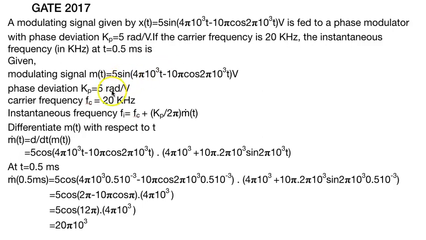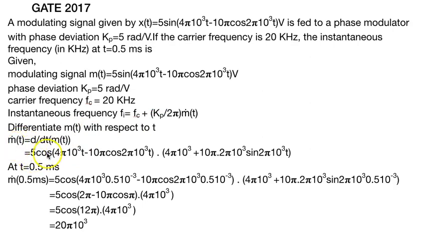It's given k_p and f_c. We know that the instantaneous frequency of phi is f_c plus k_p by 2 pi times m dot. 2 pi is mentioned here because of converting from radian per second to just per second, and differentiation of m(t). Now differentiate m(t) with respect to t.